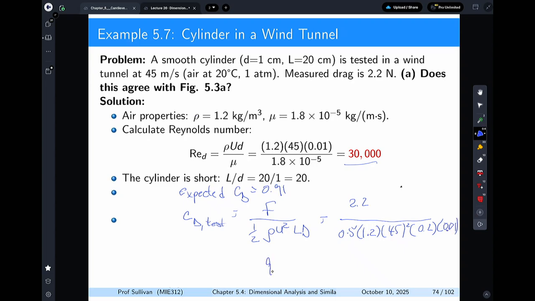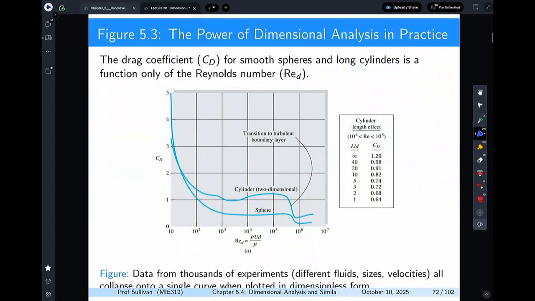And that equals 0.905. So the C D actually matches up really well. You're calculating these things for different conditions, but it's one of the advantages of using these types of already tabulated data.